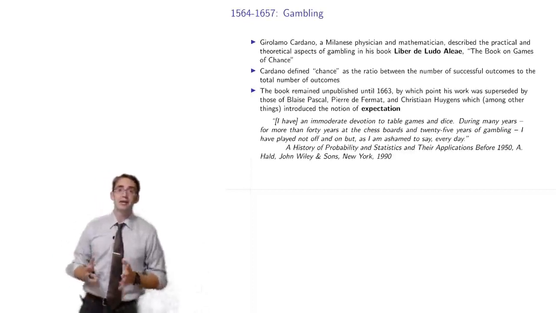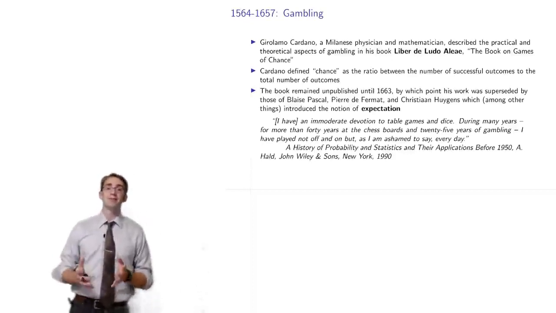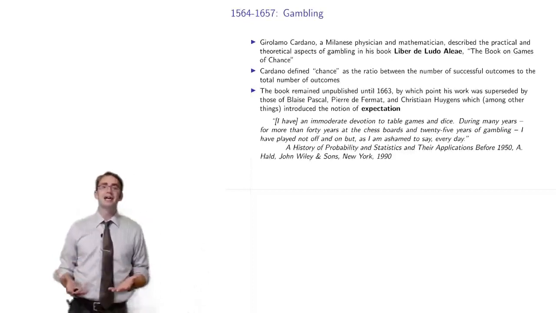Cardano's book remained unpublished until 1663, by which point it was rendered obsolete by works of people like Pascal, Fermat, and Huygens, who formalized this notion of expectation of a random variable. There's a quotation here that talks about just how addicted to games Cardano was.